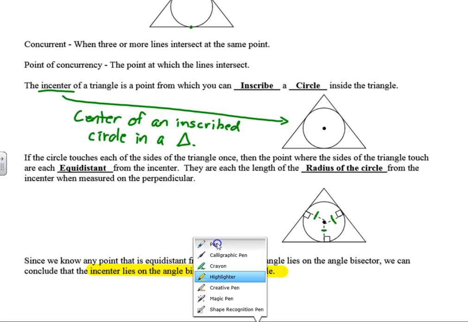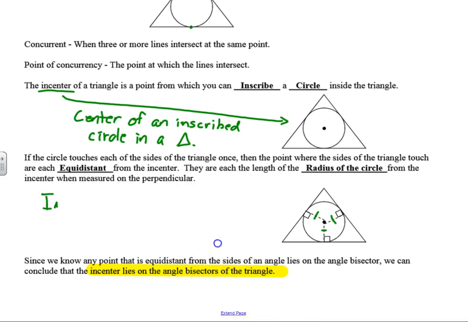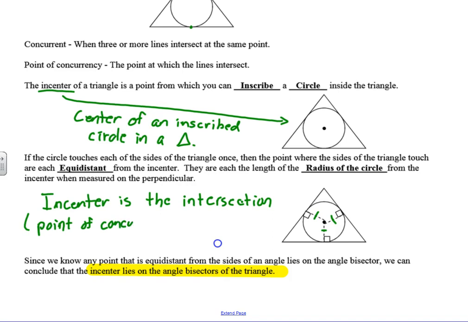So another way of saying that is the incenter is the intersection or point of concurrency of the angle bisectors. All right, so where the angle bisectors meet is the point called the incenter.